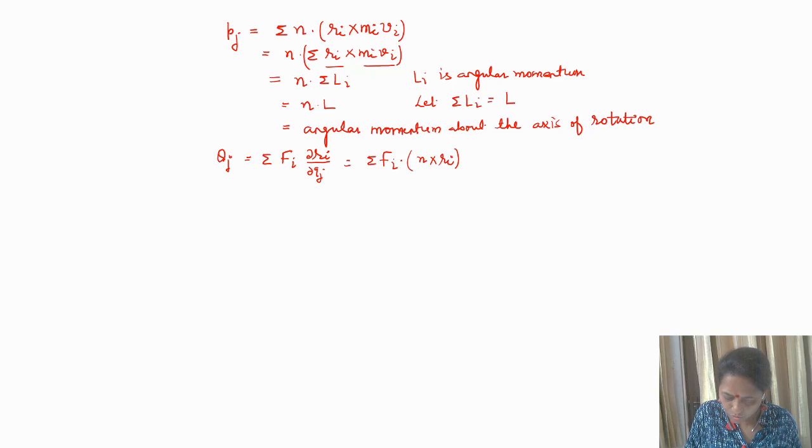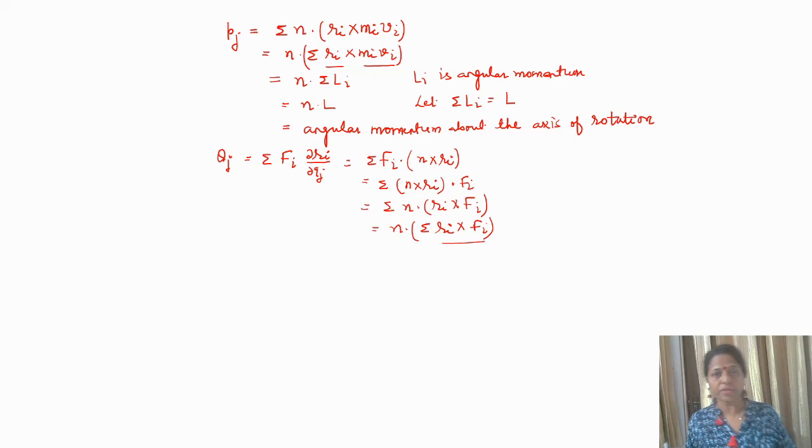You may put dot here, or you may write it as sigma n cross Ri dot F. Now again you will be left with n dot Ri cross Fi. I may write n dot sigma Ri cross Fi.